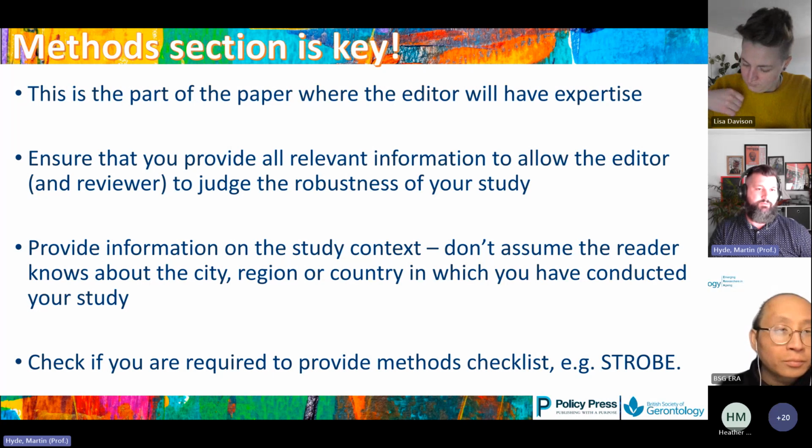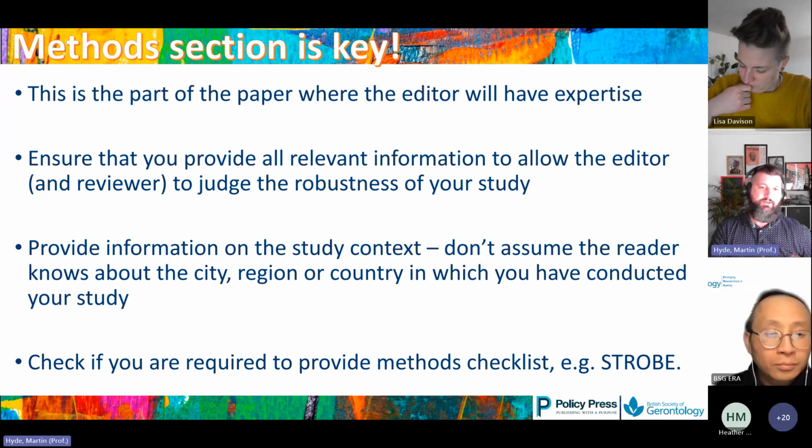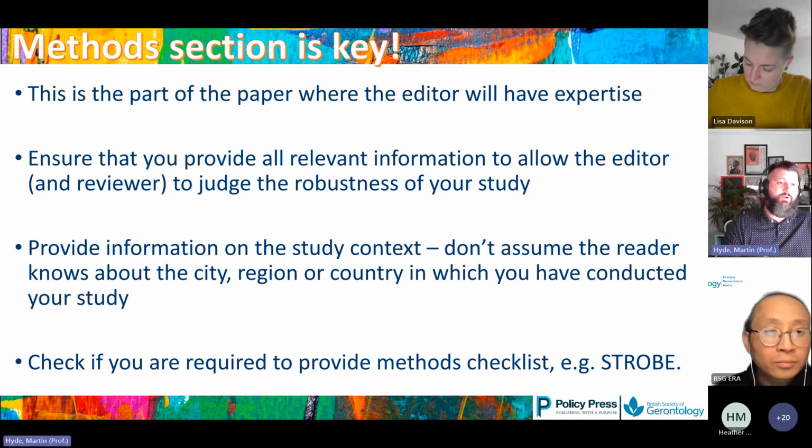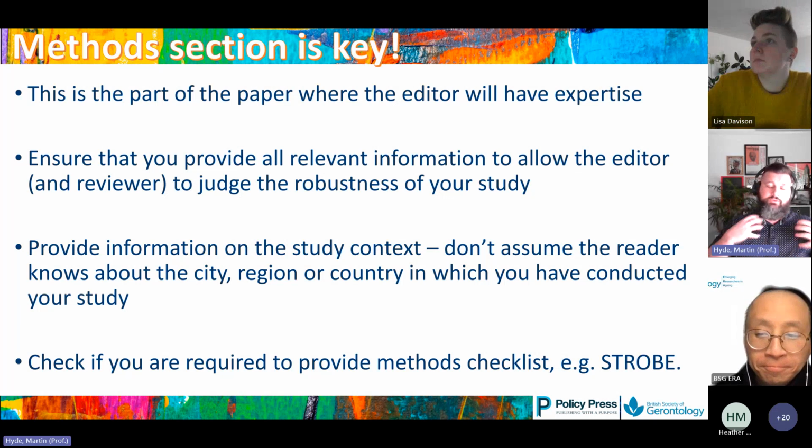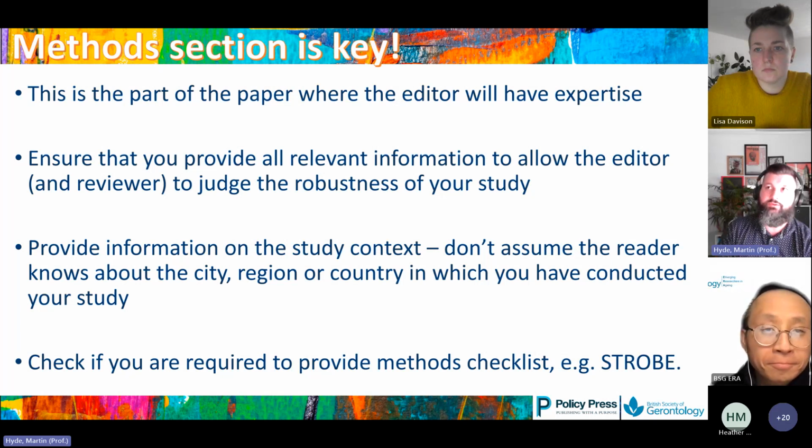We need to get away from a very Western-centric idea that our readers are all based in those parts of the world, and we all know what's going on there. In fact, I don't know what's going on in parts of the UK. I don't know what's going on in America and Canada. So being told that in the study context is really helpful to understand the applicability and the utility of the results from the study.